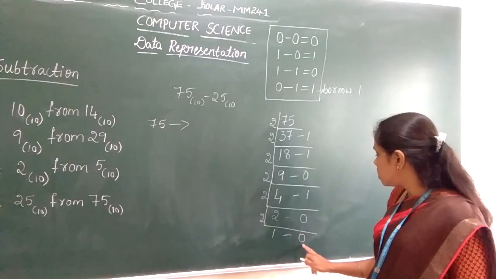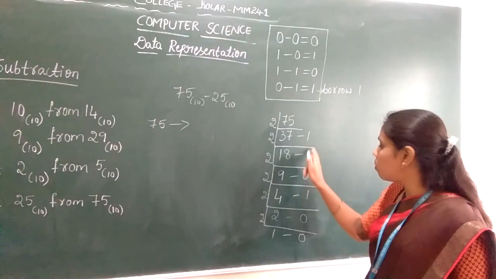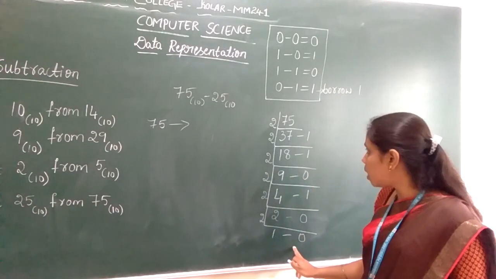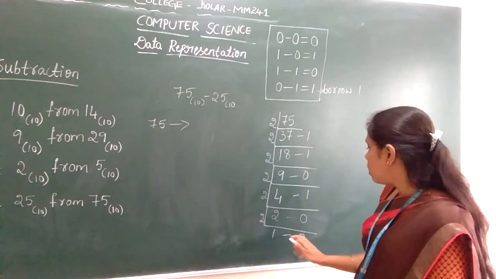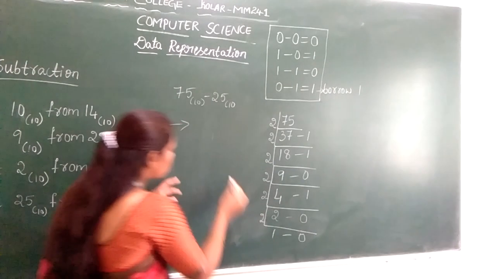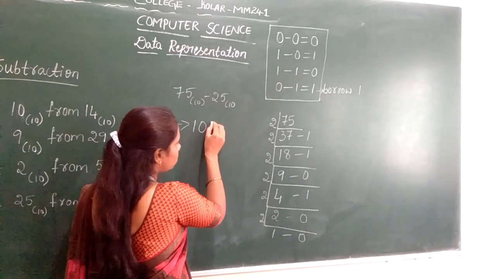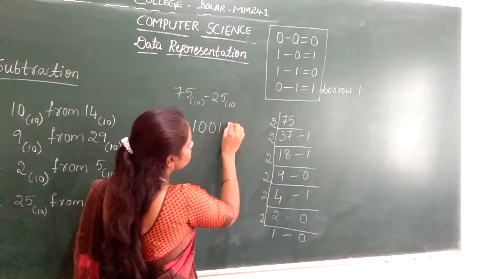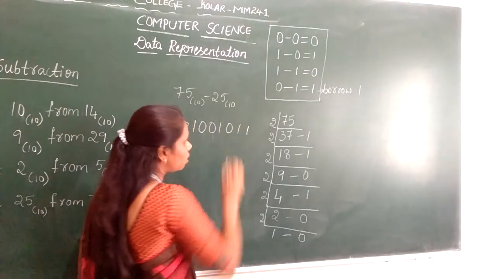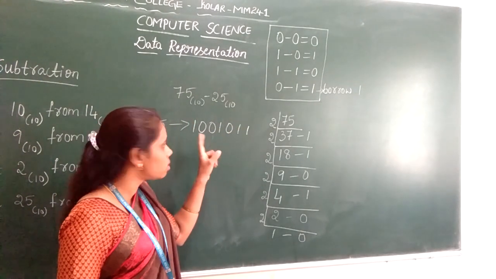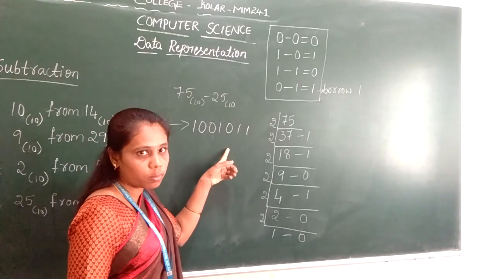Now 1 0 0 1 0 1 1 is the binary equivalent value for 75. So the binary value of 75 is 1 0 0 1 0 1 1.